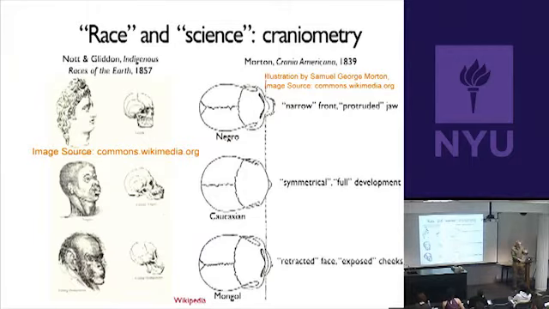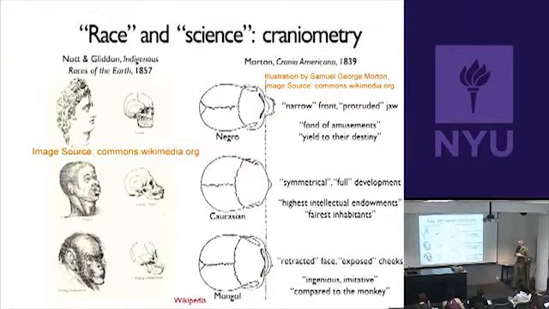And what really betrays what the source of these differences is, at least in Morton's mind, is how he describes the characters that are associated with these skull traits. He declares people of African ancestry to be fond of amusements and to yield to their destiny. So if you think about the time at which these statements are being made, you can see this as a pseudoscientific justification for slavery.